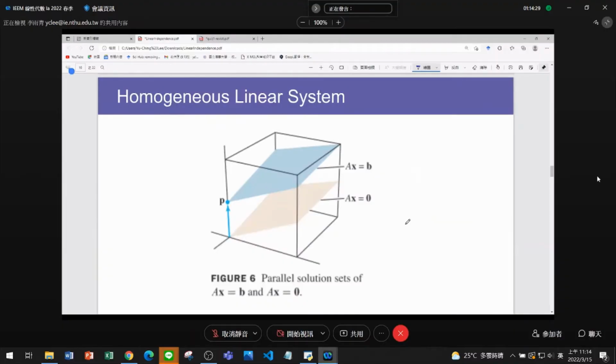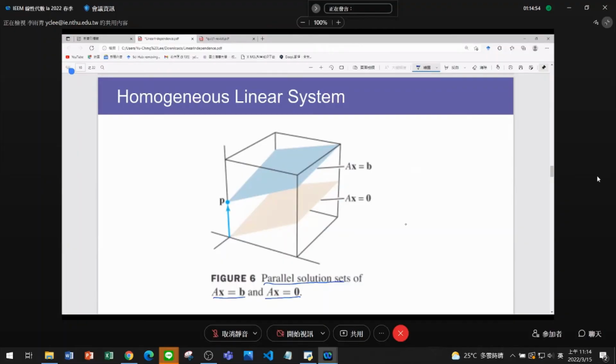And similarly, we can have a parallel solution set of AX equals B and its homogeneous system. So the homogeneous system of AX equals B is to let the right-hand side B equal 0. And the solution set has those translation relationships.